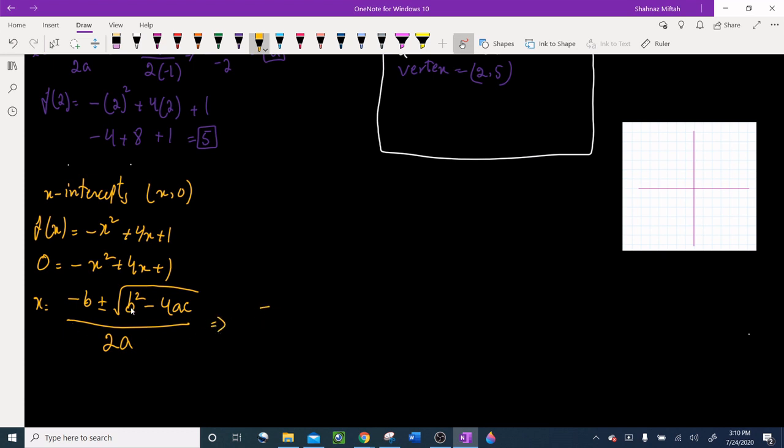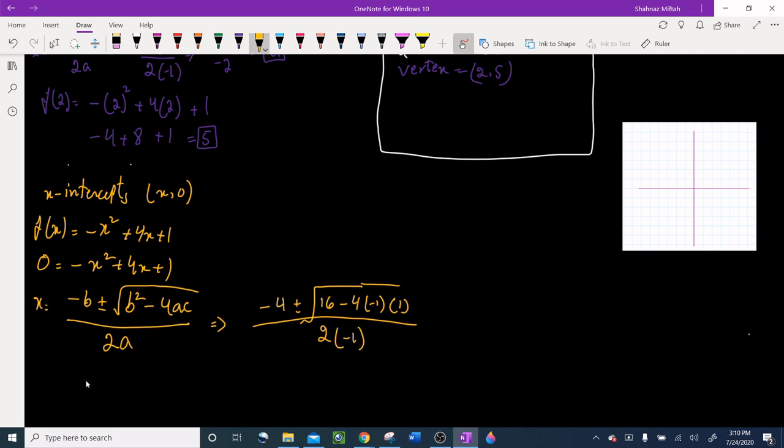B is a negative sign. This is going to stay. B is 4, plus or minus. In the square root, I have b squared, which means 4 times 4 is 16, minus 4. My a is negative 1, and my c is positive 1. This is c. Over 2 times negative 1, which is my a.